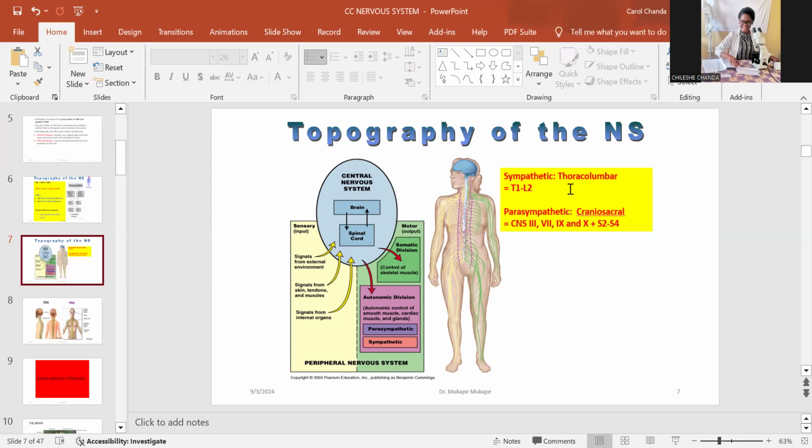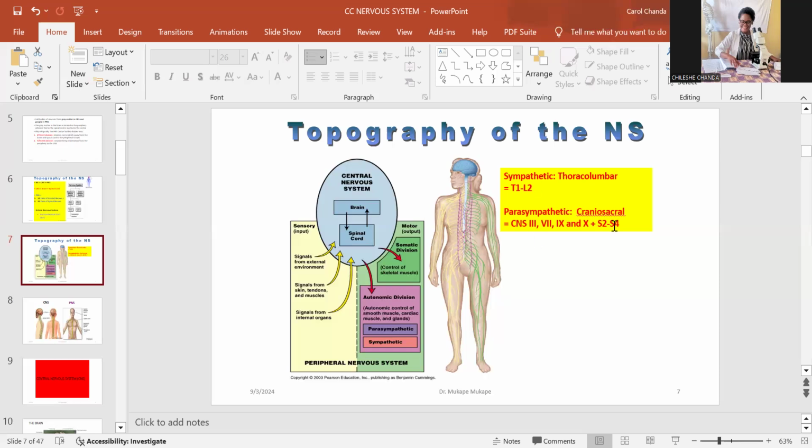The outflow from the thoracic vertebrae plus the top two lumbar vertebrae is where the sympathetic nerves are. This is where you're going to find nerves that have sympathetic stimulation in them.